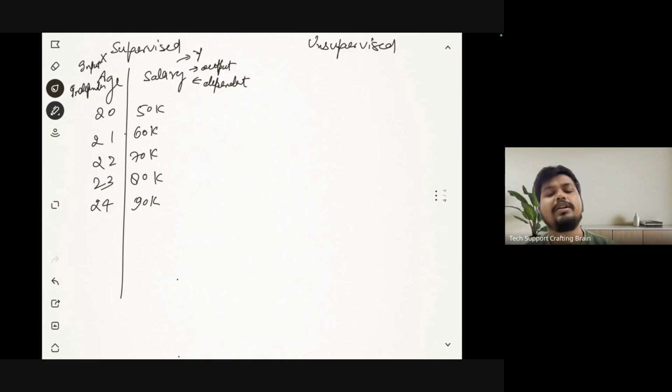Why? There are several reasons. Because the data set is very limited and the pattern in the data is very easy to find. But imagine if I give you lakhs of rows of data, where you predict the salary of a person not just by age, but by experience, education, previous job, credit score, everything.